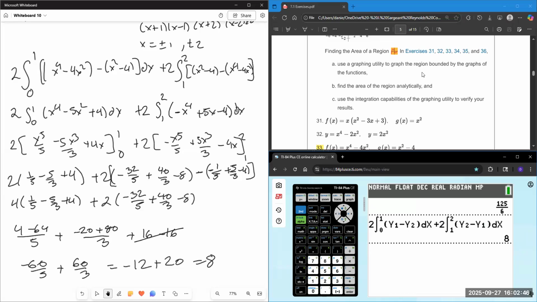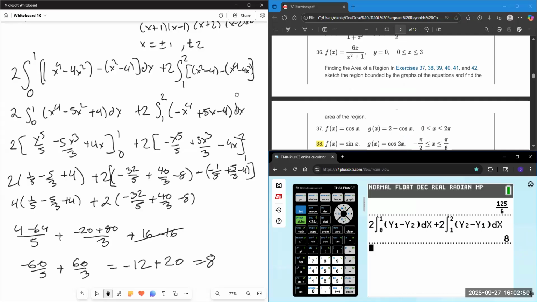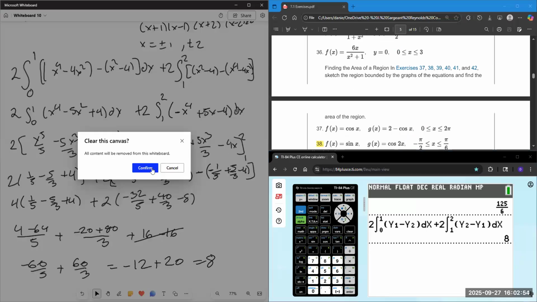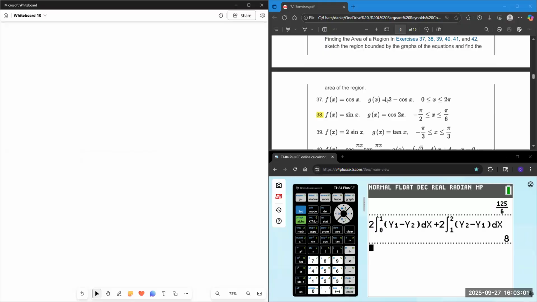Look at 38 now. It tells us to find the area of the region, sketch the region, bounded by the graphs of the equations. 38 says f of x is equal to sine x, g of x is equal to cosine of 2x.